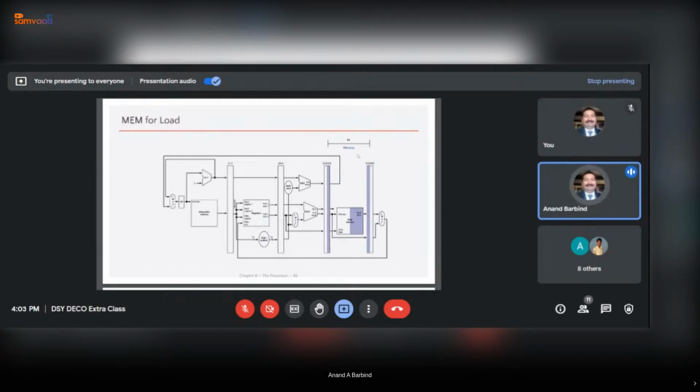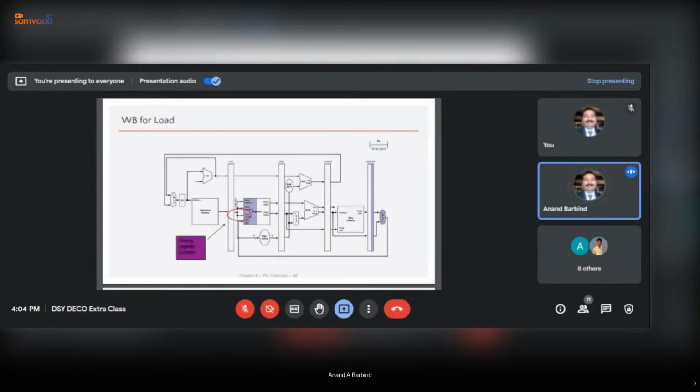Whereas the LW instruction's work is now with the data memory. Appropriately it will load the data, and that particular address is already calculated by the ALU. It appears here and is stored in the pipeline register, and at the end of it, it will be stored in this particular pipeline register.